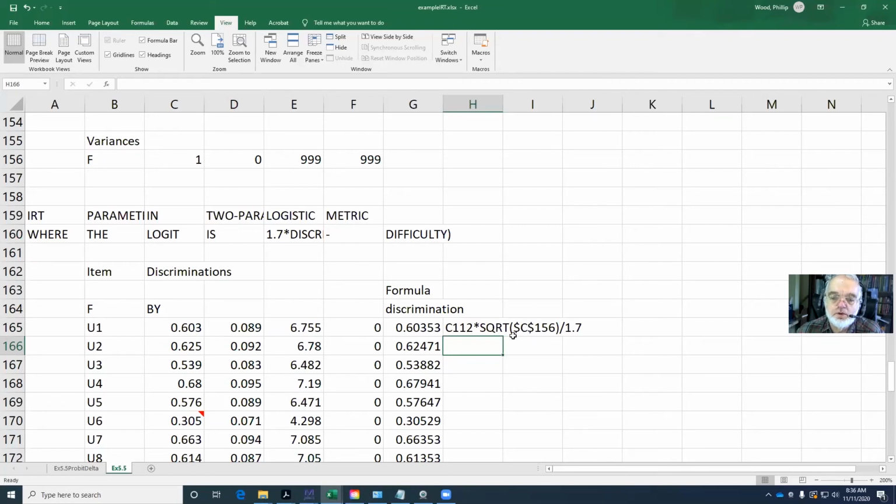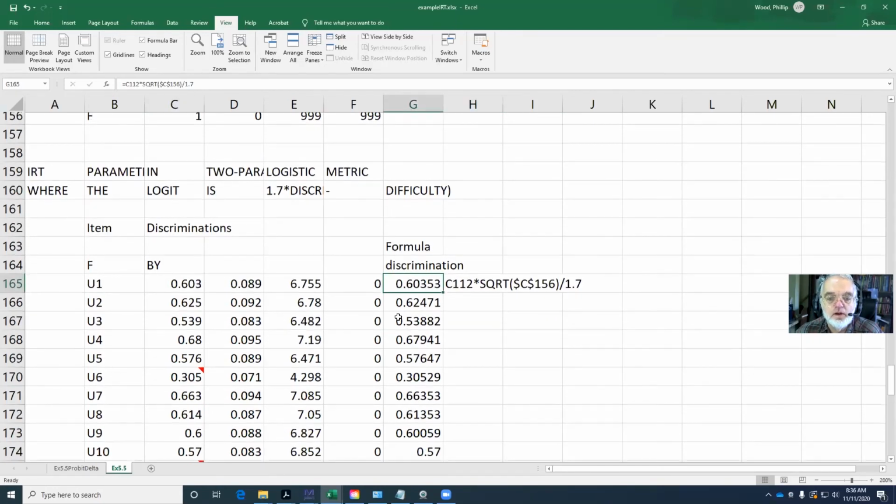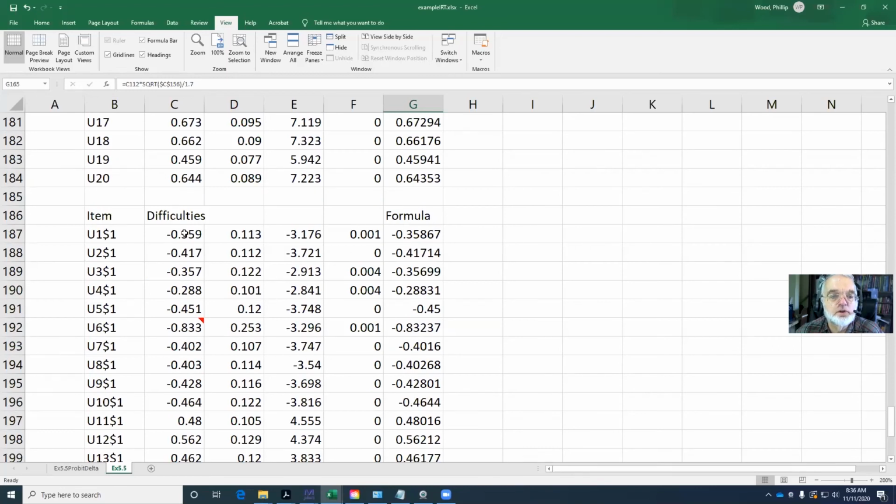I'm taking the square root of delta and multiplying it by the factor loading, divided by 1.7 for math reasons, and that's going to give me the discrimination. Similarly downstairs, the formula for the difficulty is to go upstairs and pull the factor loadings times the variance of the variable and divide that by the delta and the square root.